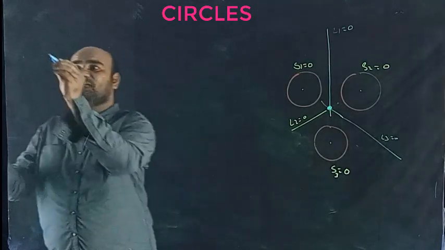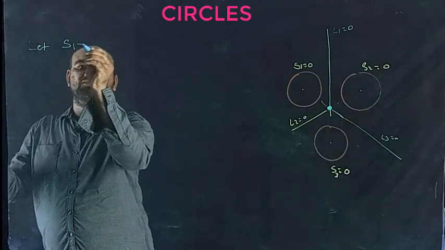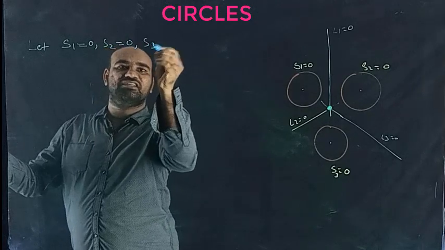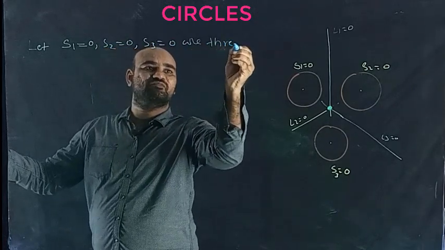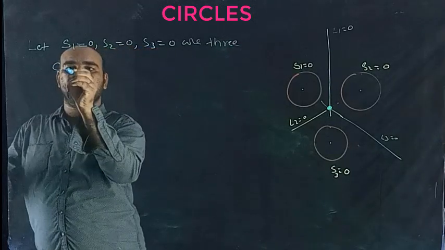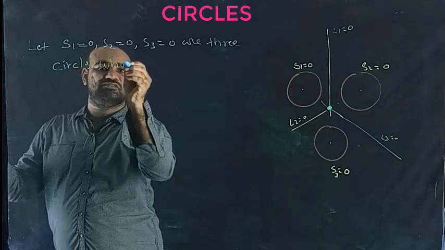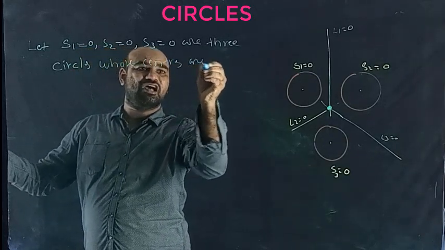So here, let S1 equal to 0, S2 equal to 0, S3 equal to 0 be three circles whose centers are non-collinear.